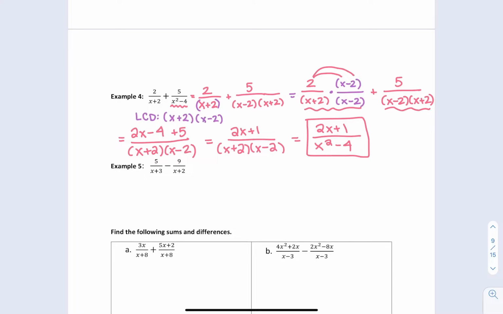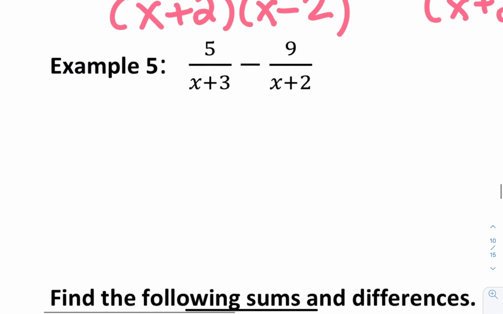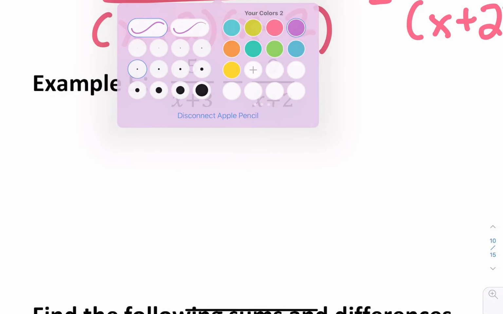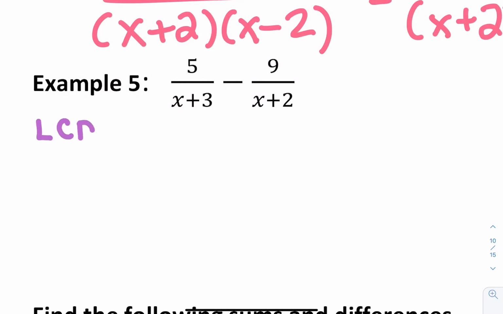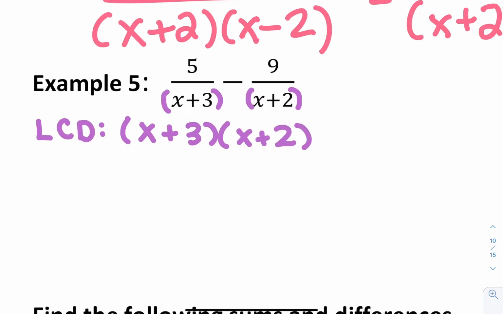Let's try another example. So now this one is subtraction, so let's be careful. My least common denominator here, if I have an x plus 3 and an x plus 2, they don't have any factors in common. So my least common denominator is x plus 3 times x plus 2.